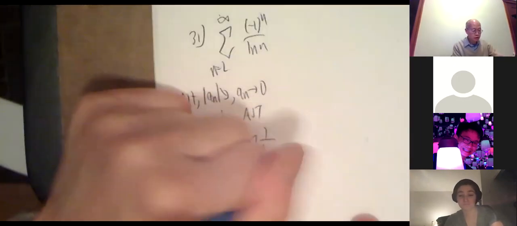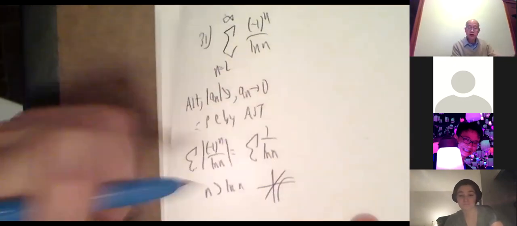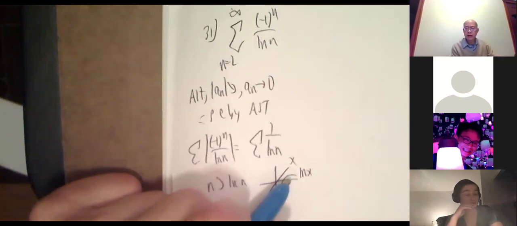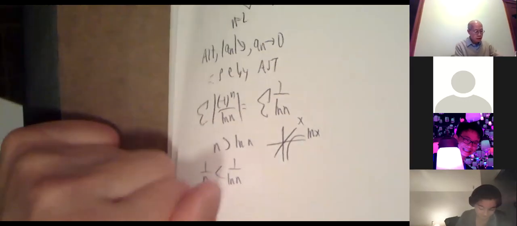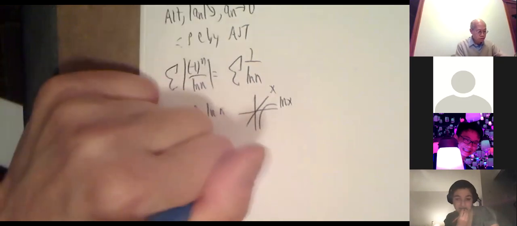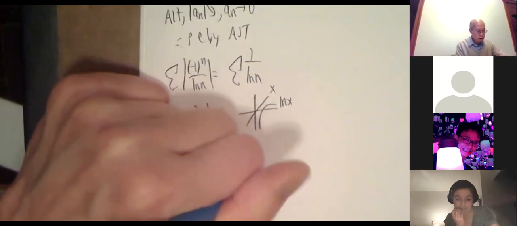We've seen this before. If you think of the graph, here's y equals x, here's ln x. So x is greater than ln x, which means n is greater than ln n. The reciprocal says 1 over n is less than 1 over ln n. And summation of 1 over n diverges because it's the harmonic series.